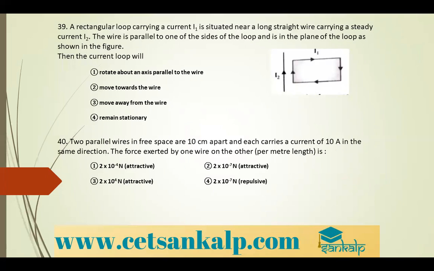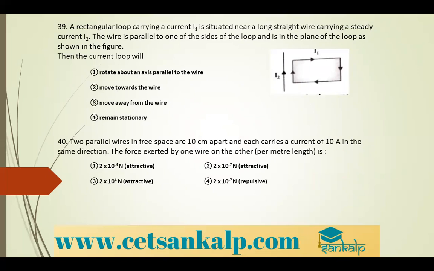The wire is parallel to one of the sides of the loop and is in the plane of the loop as shown in the figure. Then the loop will be: A, rotate about an axis parallel to the wire; move towards the wire; move away from the wire; remain stationary. That is what they are asking.